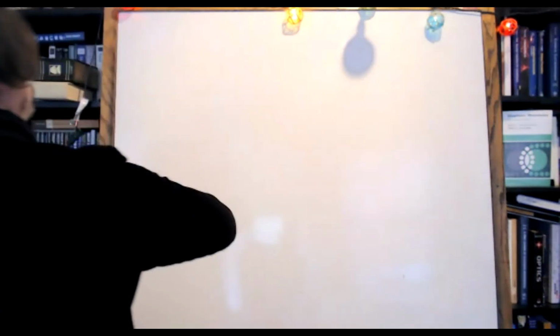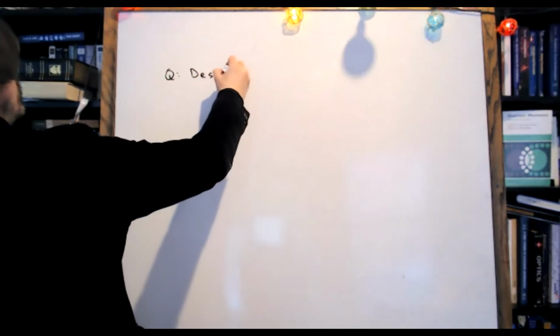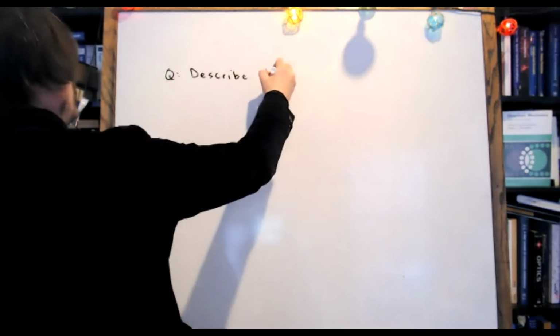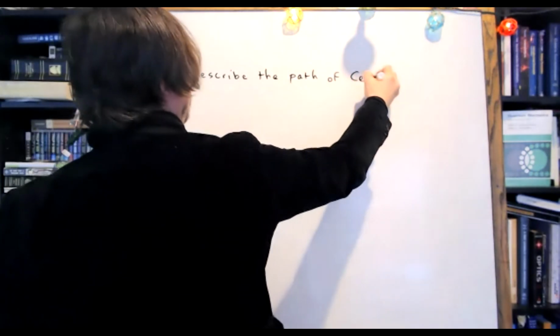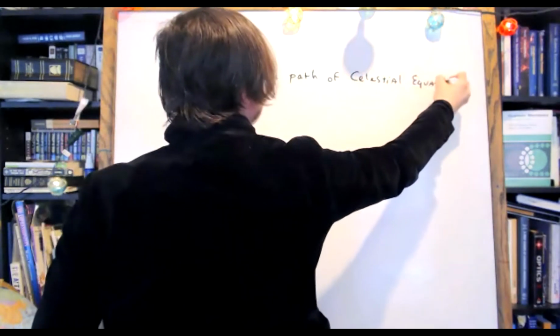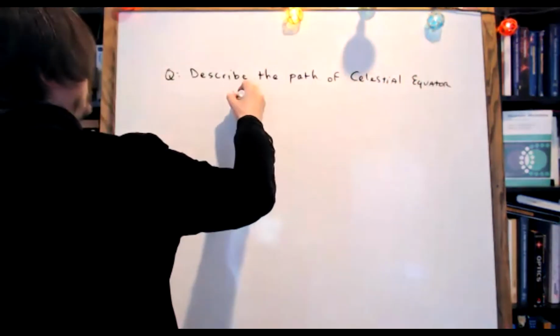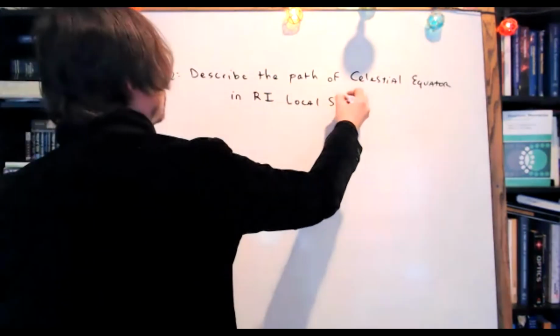Question number 2. Describe the path of the celestial equator in the Rhode Island local sky.